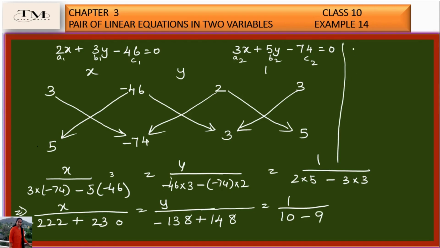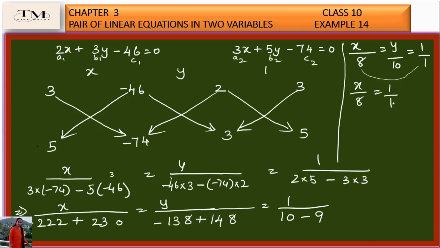On calculating, it will be x divided by 230 minus 222, which is 8, equal to y divided by 148 minus 138, which is 10, equal to 1 divided by 10 minus 9, which is 1. So we equate x divided by 8 equal to 1 divided by 1.